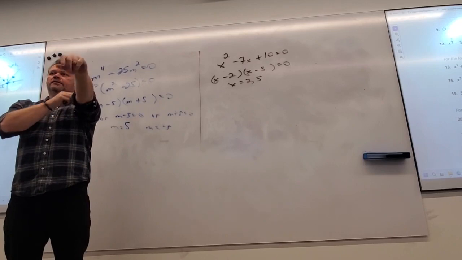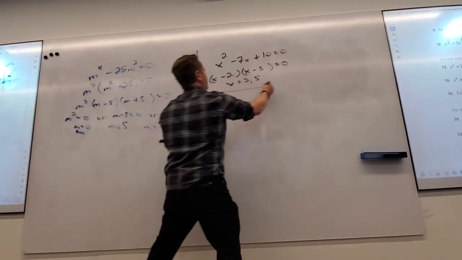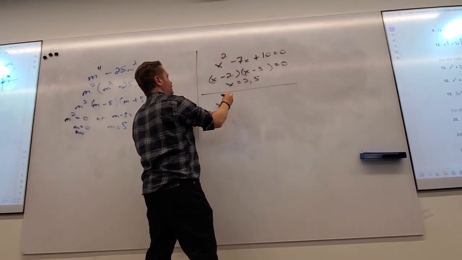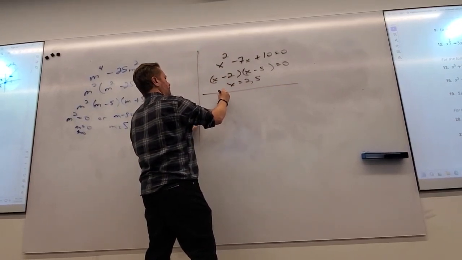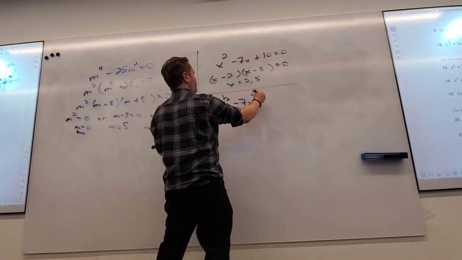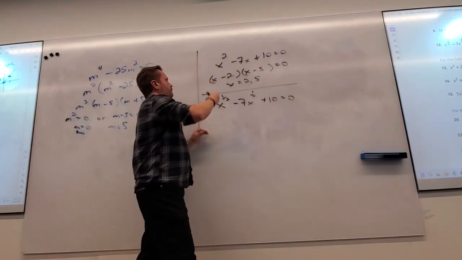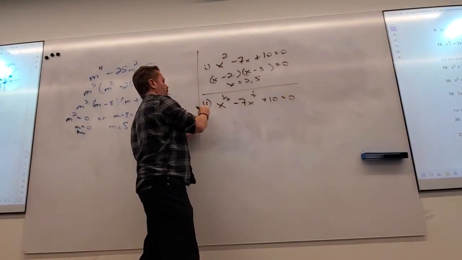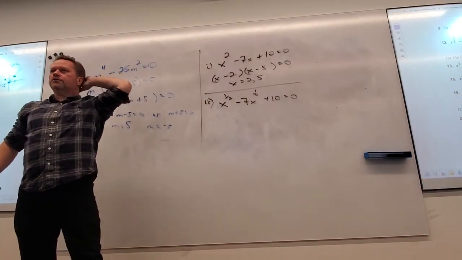Yay, Jeff. So let me make it look more like that one. Let's say I've got x to the 1/2 minus 7x to the 1/4 plus 10 equals 0. So there's a key thing that's true here.